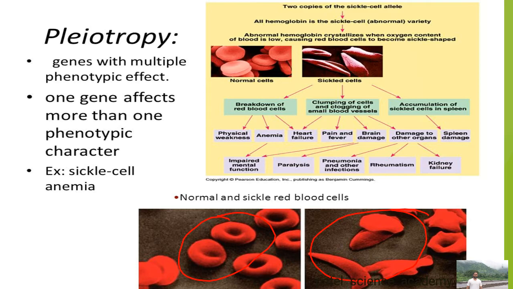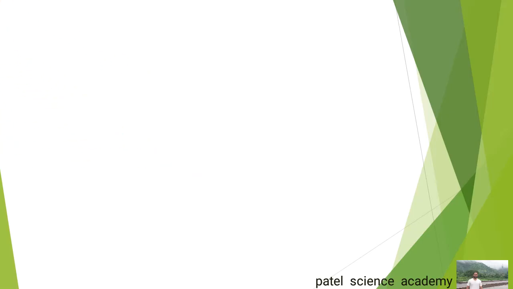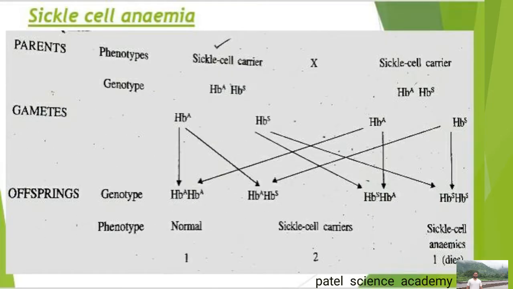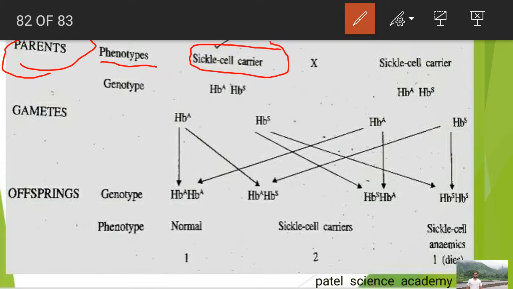So genes which multiply the phenotypic effect, one gene affecting more than one phenotypic character. For example, sickle cell anemia, in which the blood RBC cells get changed. This is the cross indicating sickle cell anemia, and let's see it in this slide. These are parents, and their phenotypes are: one parent is a sickle cell carrier, another parent is also a sickle cell carrier. Carrier means a parent containing the HBA, HBS pair.